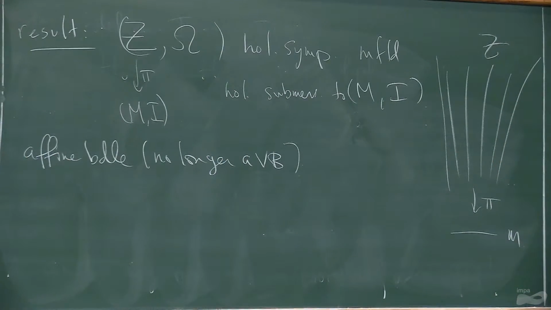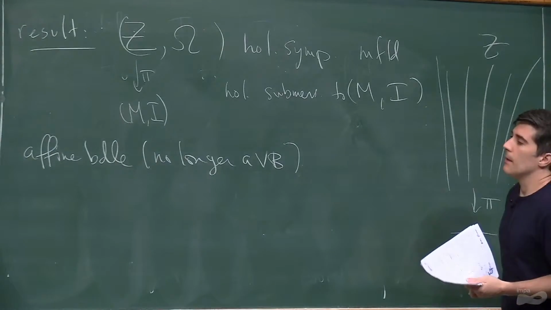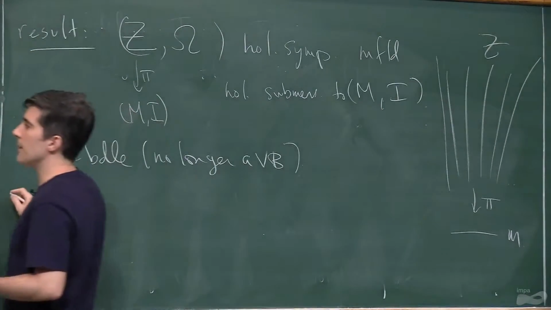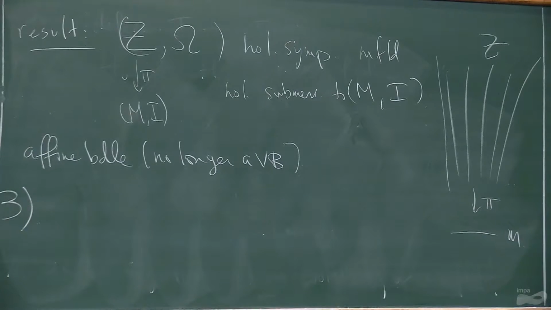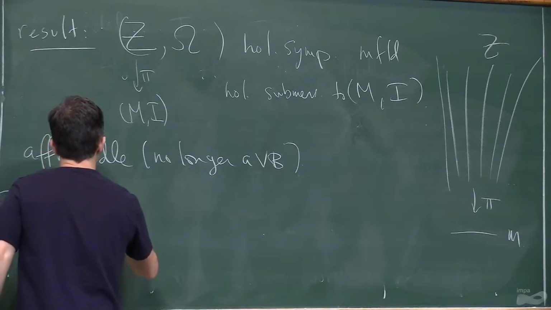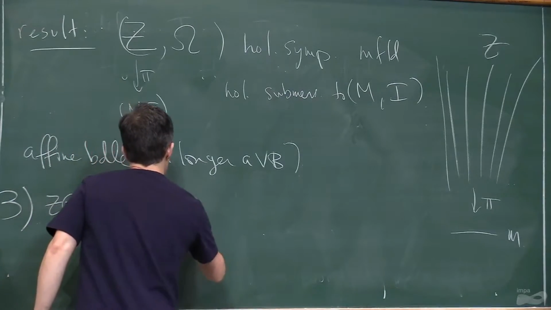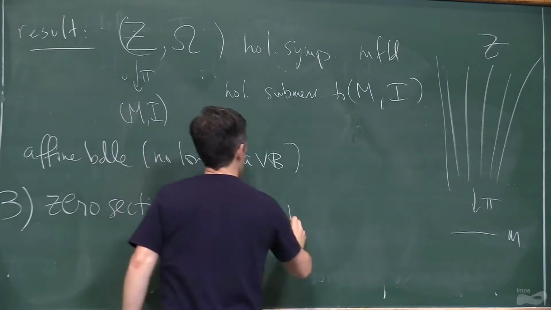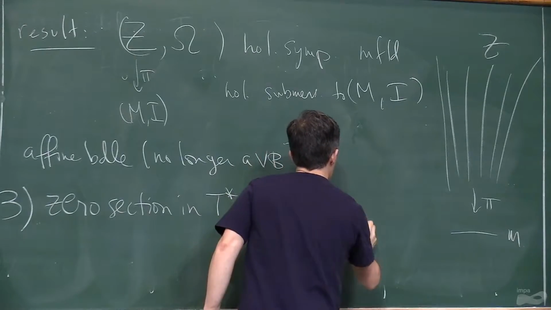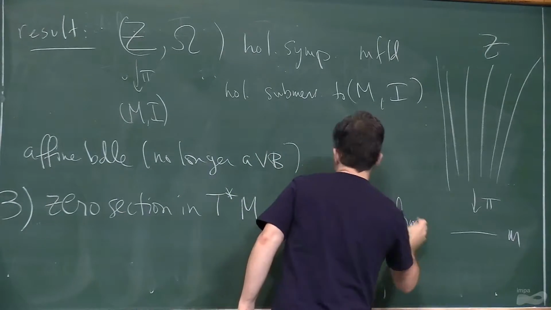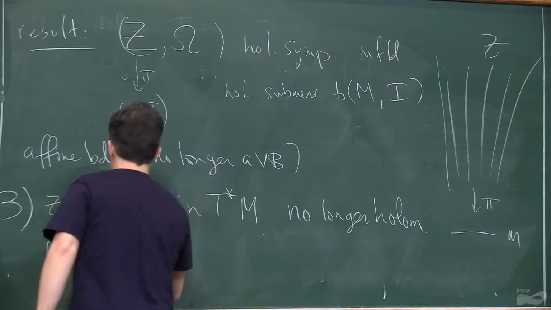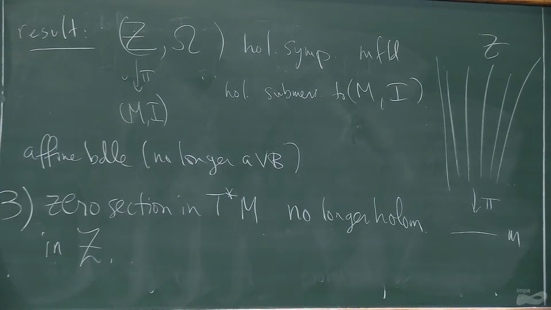Notice that. The third thing that I want to mention is that the 0 section in T star M is no longer holomorphic in Z. So the 0 section used to be a nice holomorphic submanifold inside here.